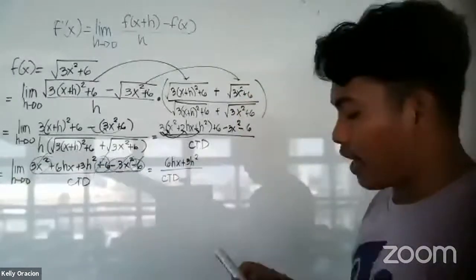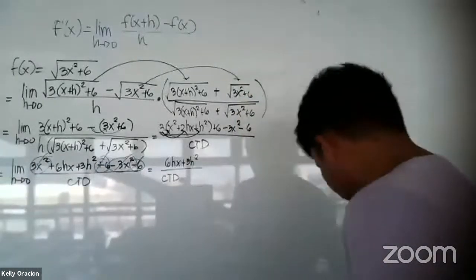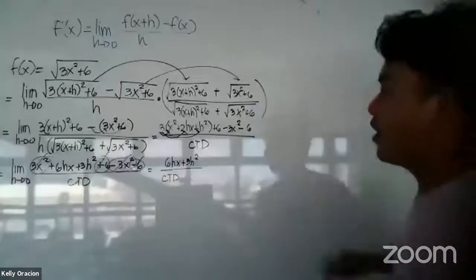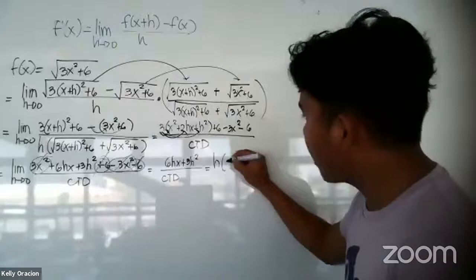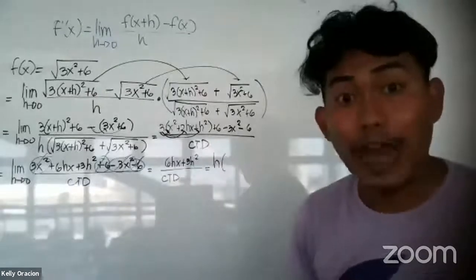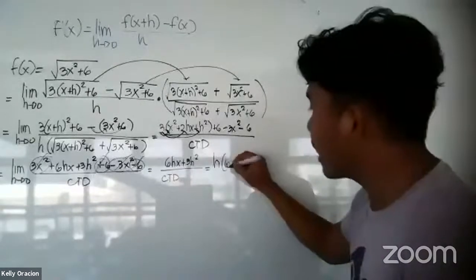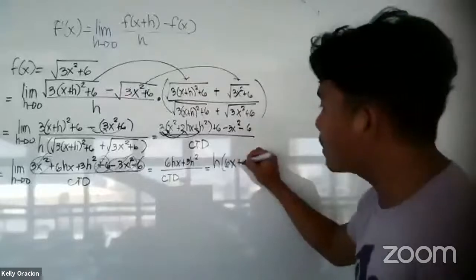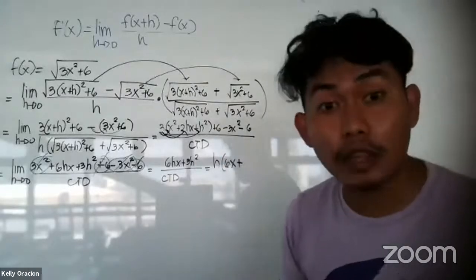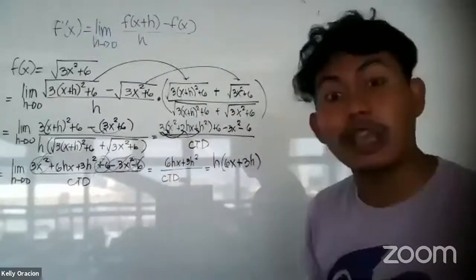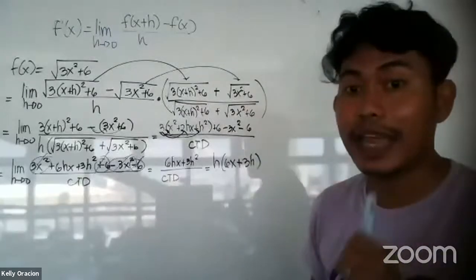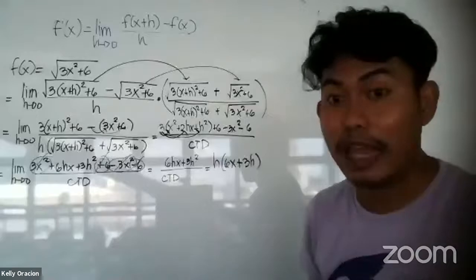So factor out h: from 6hx, magiging 6x na lang, plus 3h squared, factor ng isang h, 3h na lang.